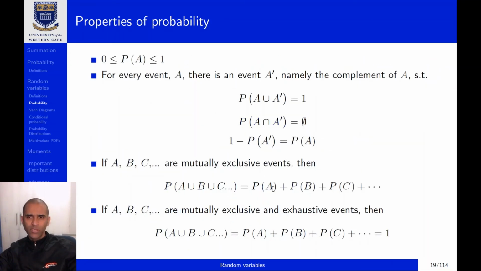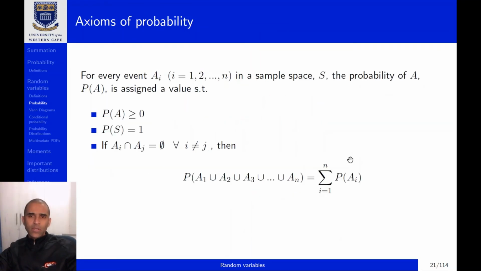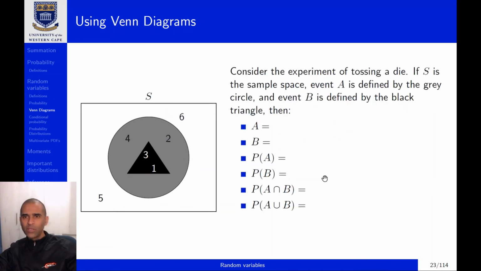Okay, the next couple of slides just list the properties of probability. Again, I won't be going through this. These are simple properties. And then these slides take you through some uses of Venn diagrams to visualize some of the ideas expressed above relating to sample space, mutually exclusive events, etc., and independent.